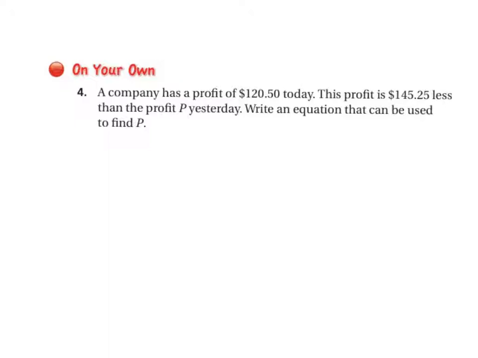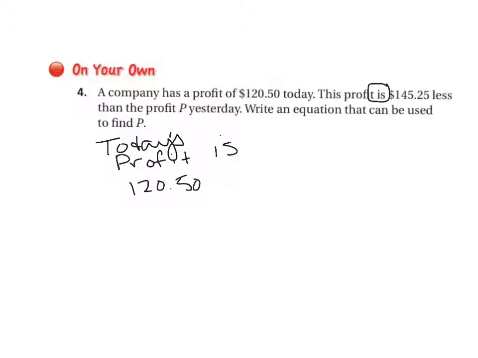So let's take this apart the same way we did in the example. So today's profit is $120.50. And they tell us that this profit is, and remember that is an equal sign, $145.25 less than the P profit yesterday.